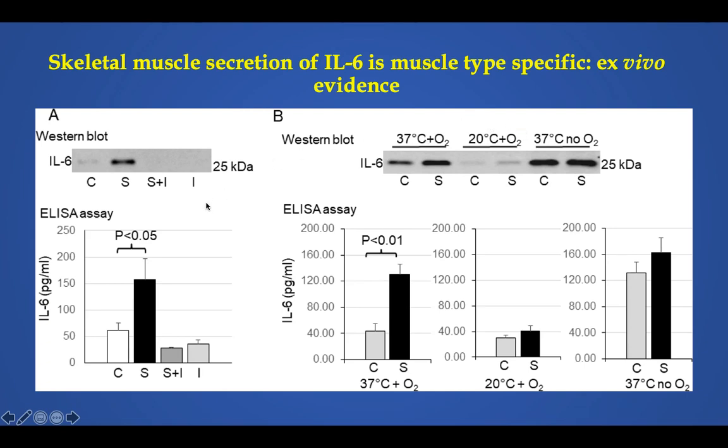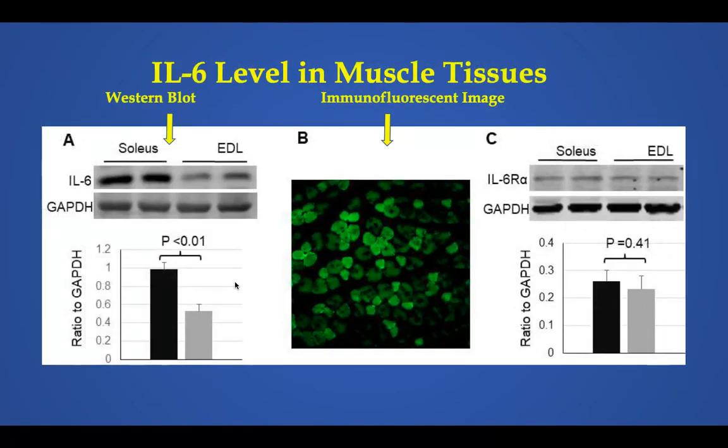The ELISA assay also showed that with the stimulant, it was definitely producing the IL-6. And you can see here that the soleus muscle was showing greater concentrations. This protein was showing up in the soleus muscle as opposed to the EDL.